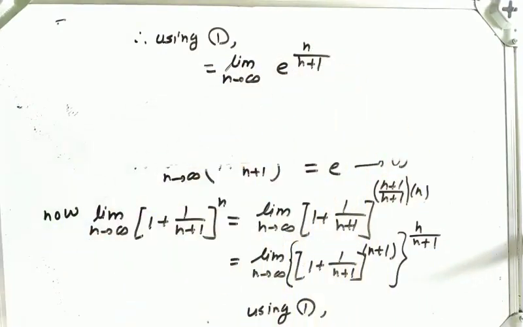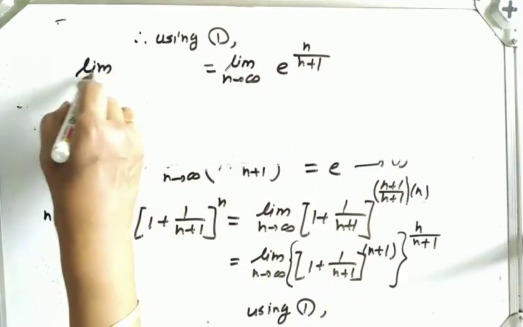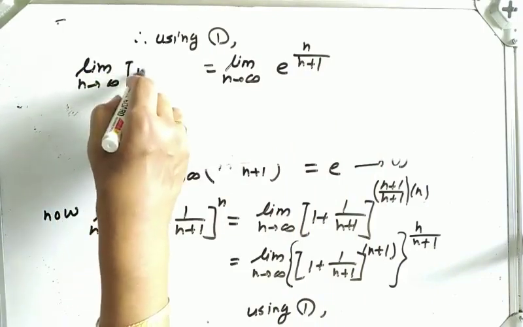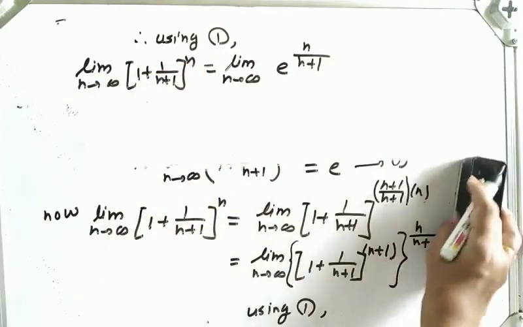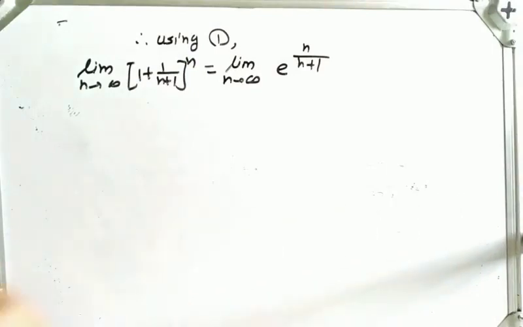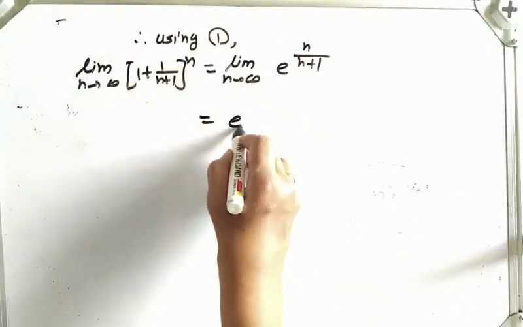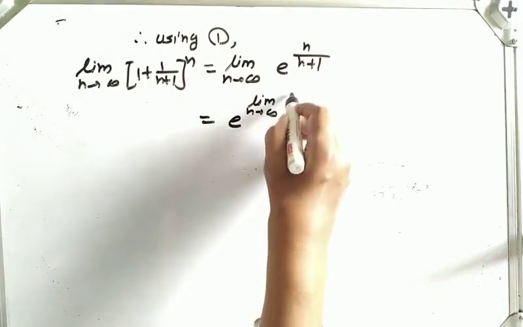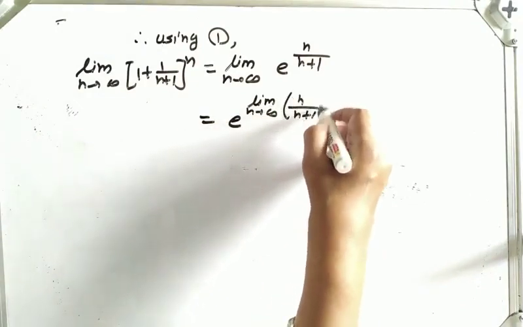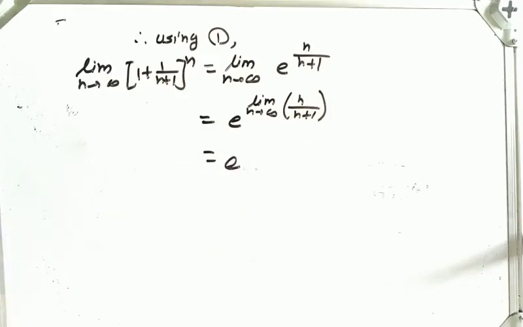Now e is a constant, and what was our left hand side? The left hand side was limit n tends to infinity of (1 plus 1 upon n plus 1) raised to n. So this is equal to, keeping e as it is and applying the limit to the power, e raised to limit n tends to infinity of n upon n plus 1.